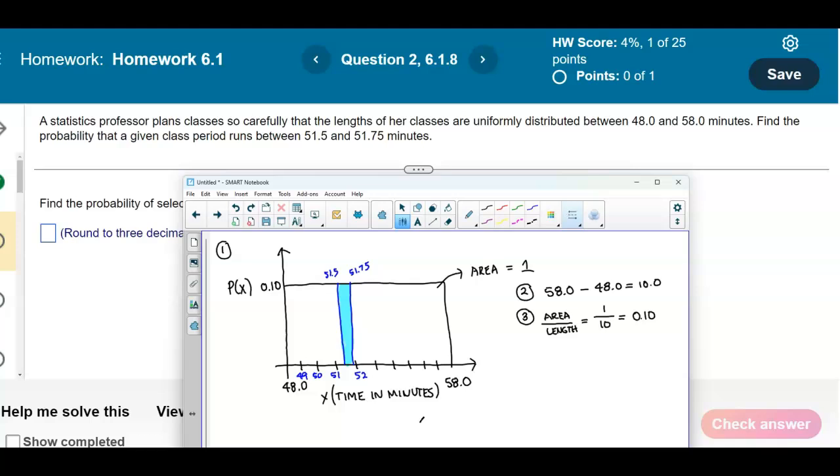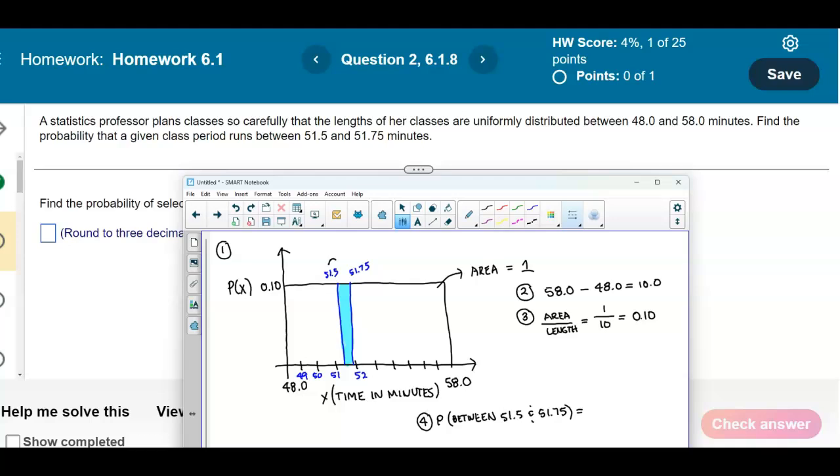So here what we're looking for is the probability that it is between 51.5 and 51.75. Okay, well, that means we need to find the length of the shaded region.